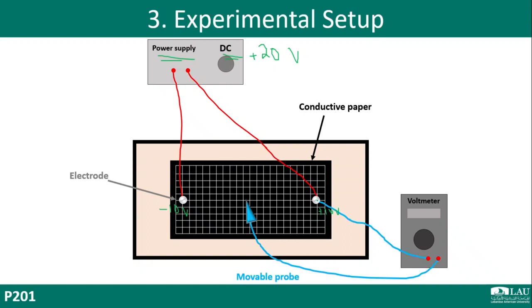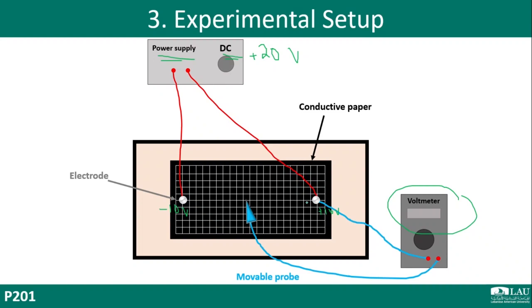One electrode is connected to the COM, the other one is connected to the volt. A voltmeter is used to measure the voltage or the potential difference. So the voltmeter should be connected in parallel. One end of the voltmeter will be fixed and the other end will be our movable probe.